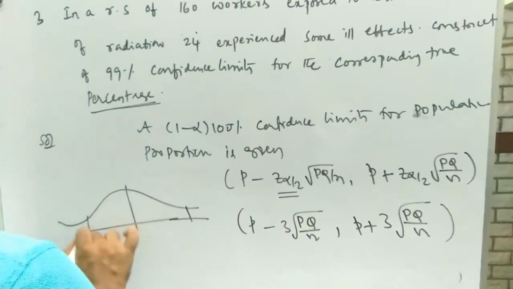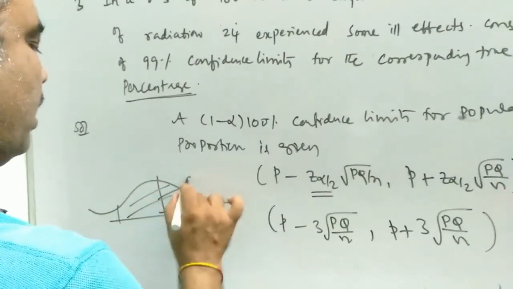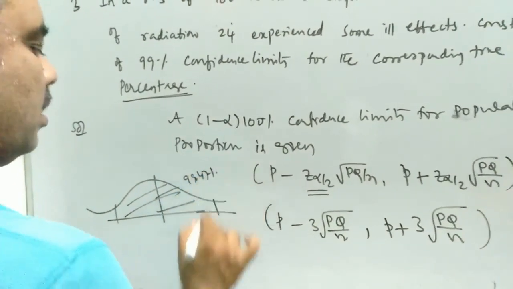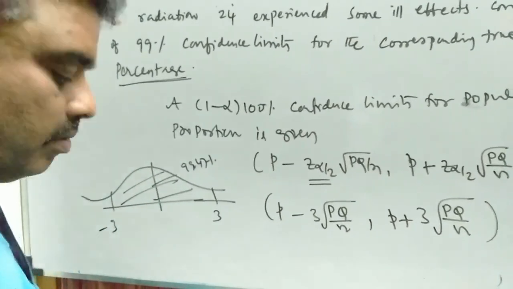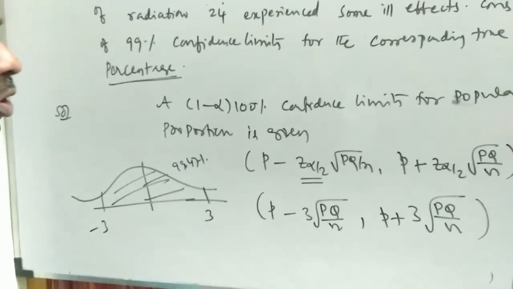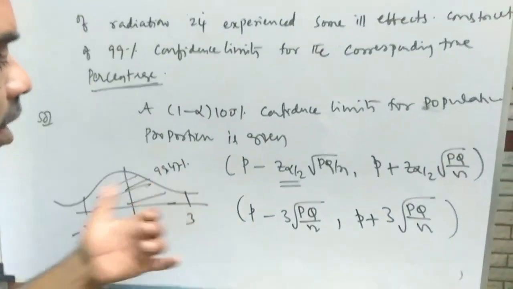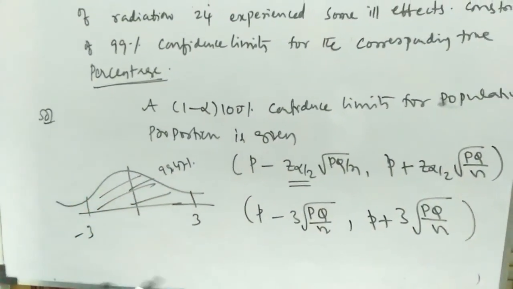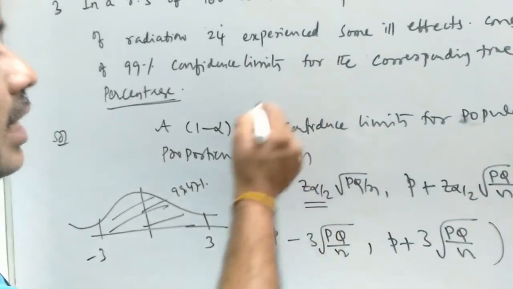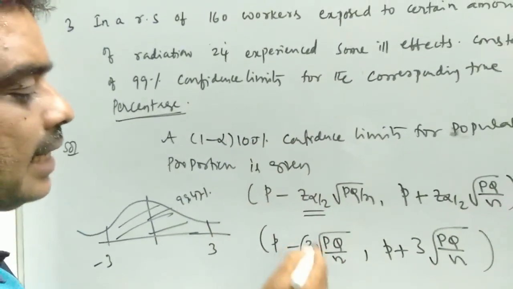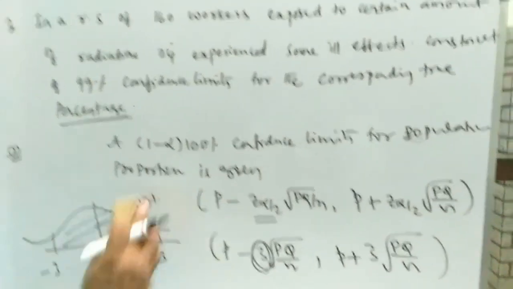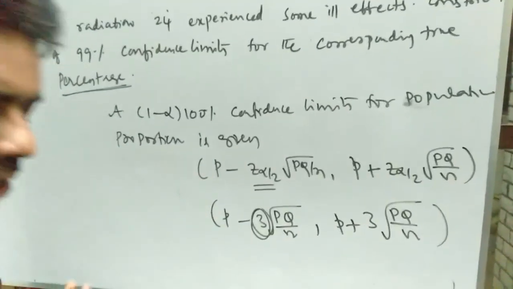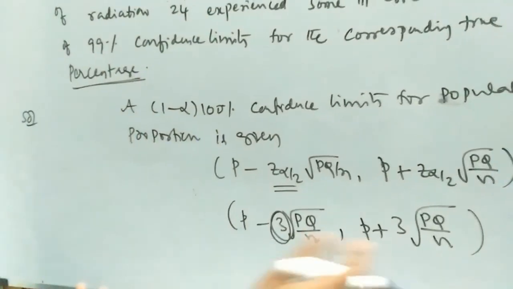We know that as per tables, మొత్తం 99.47% area covered in between minus 3 and plus 3. అవునా? From the normal distribution, we know that 99.47% covered in between minus 3 and plus 3. అంటే ఇక్కడ z alpha by 2, 99% అంటే you can take it as value, maximum value 3. ఓకేనా? సో డిఫాల్ట్గా 2.58 వేయచ్చు, లేదా 3 వేయచ్చు. 3 వేసేసుకోవచ్చు, బుక్స్లో 3నే ఉంటుంది.